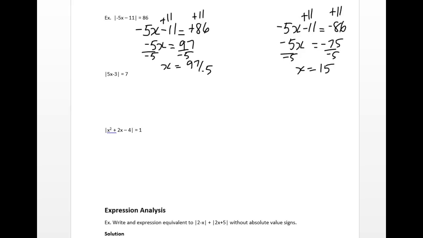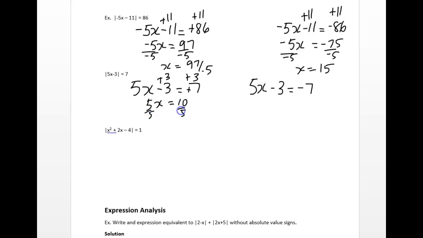Second example is done the same way. So if we take 5x minus 3 out of absolute value, we're going to do a positive version, and we're going to do a negative version of the equation, and then we just solve for x. So we'll add 3 over, and you have 5x is equal to 10, and when we divide by 5, we end up with x is equal to 2.